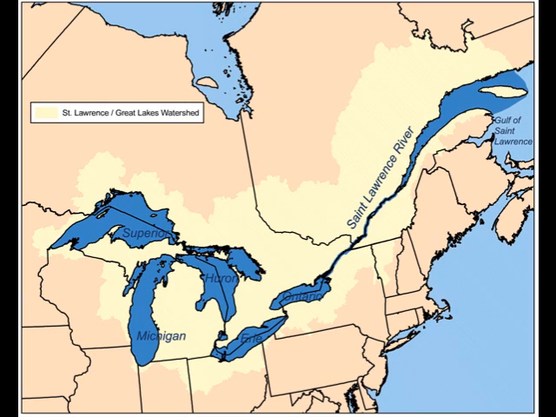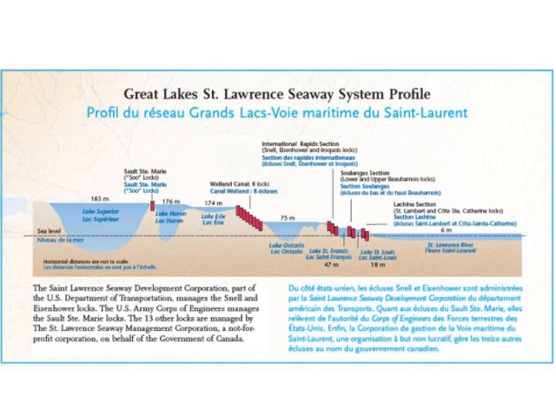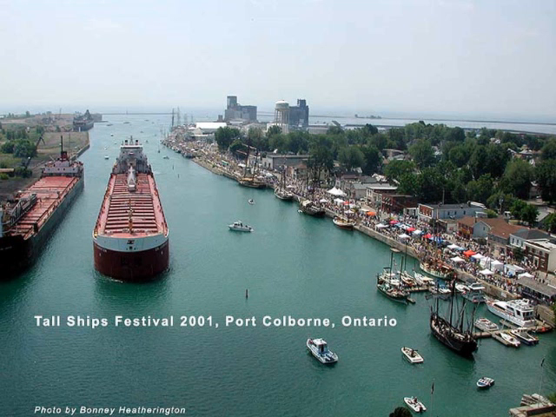Seven locks were built in the Montreal to Lake Ontario section of the Seaway, five Canadian and two American, in order to lift vessels to 246 feet above sea level. The 28-mile Welland Canal is the fourth version of a waterway link between Lake Ontario and Lake Erie, first built in 1829.